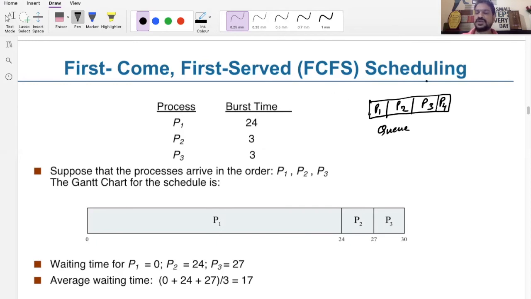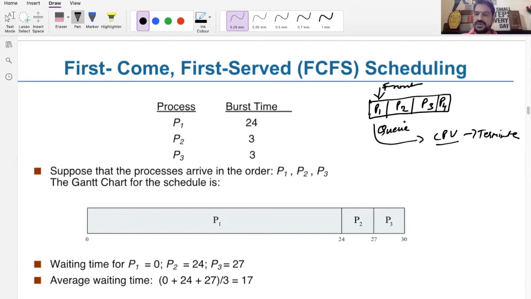The CPU scheduler, if it is using this first come first serve algorithm, called the FCFS scheduling algorithm, will always pick what is at the front of the queue. That process is taken into the CPU, completes its execution, and goes to the terminate state.